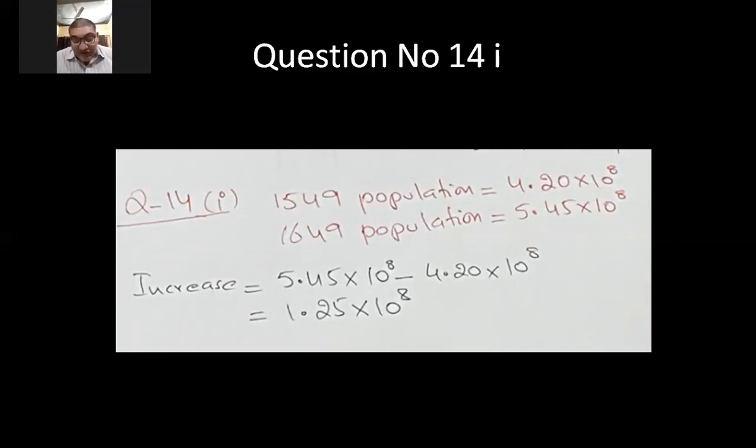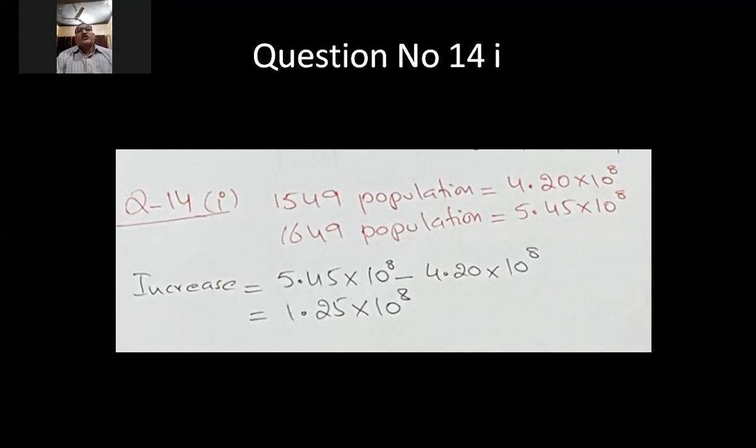For example, they ask you, find the increase in the population from 1549 to 1649. Okay, so the population in 1549 is 4.20 × 10^8, and the population in 1649 is 5.45 × 10^8. So when you find the increase, you take the new value minus the old value.